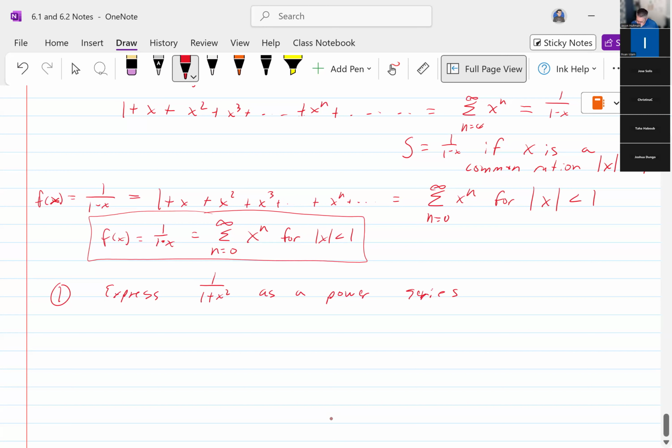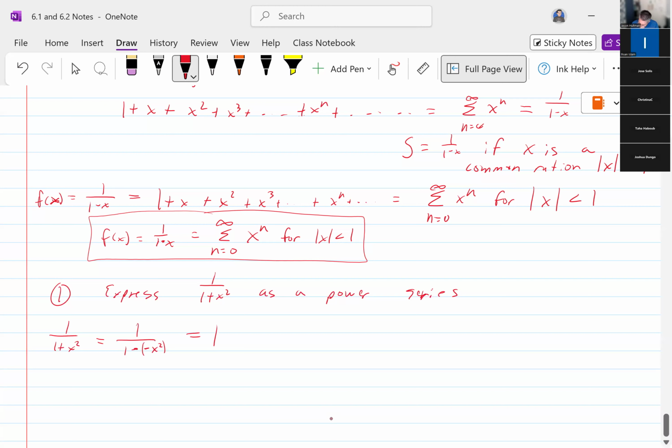So what would this look like? Well, 1 over 1 minus negative x squared is the same as 1 over 1 plus x squared. I just put a double negative there. I'm going to put this negative x squared in parentheses. The negative is not being squared, so keep that in mind. What do I know about this?